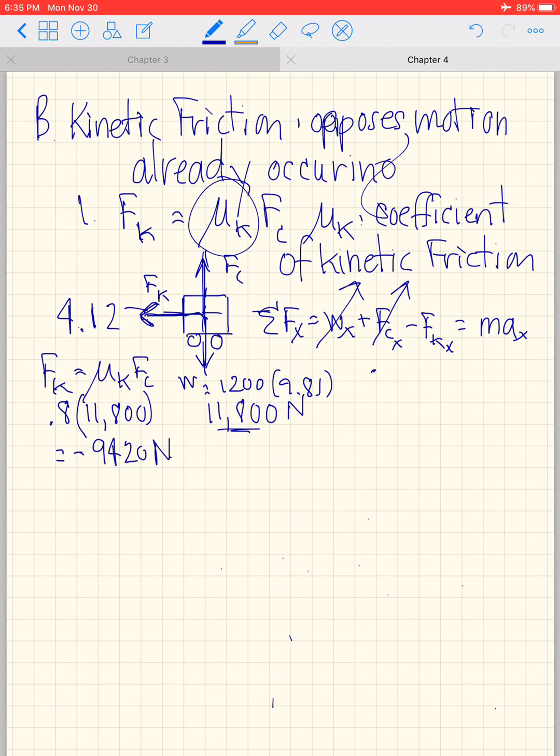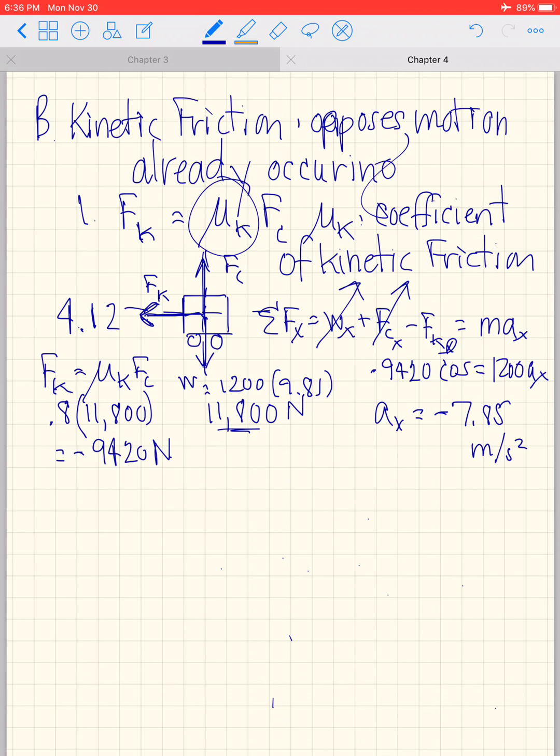So I have a negative 9,420 cosine of 0, that's how I get rid of my x here, is equal to 1,200 a sub x. Do all the math with this, and you find that a sub x is equal to a negative 7.85 meters per second squared.